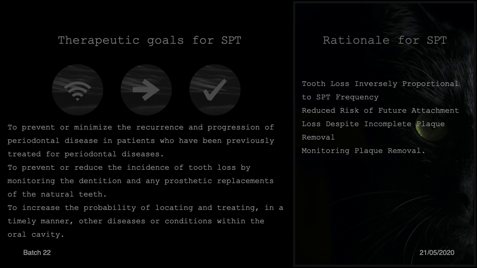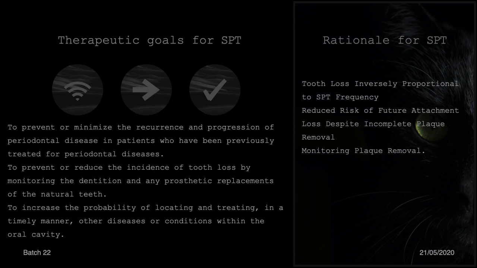the time interval. So basically the rationale of supportive periodontal therapy is frequent monitoring of the patient so that the patient's health is maintained, or the progression of disease to tooth loss can be prevented or the time interval increased. Basically, tooth loss is inversely proportional to the frequency of supportive periodontal therapy.